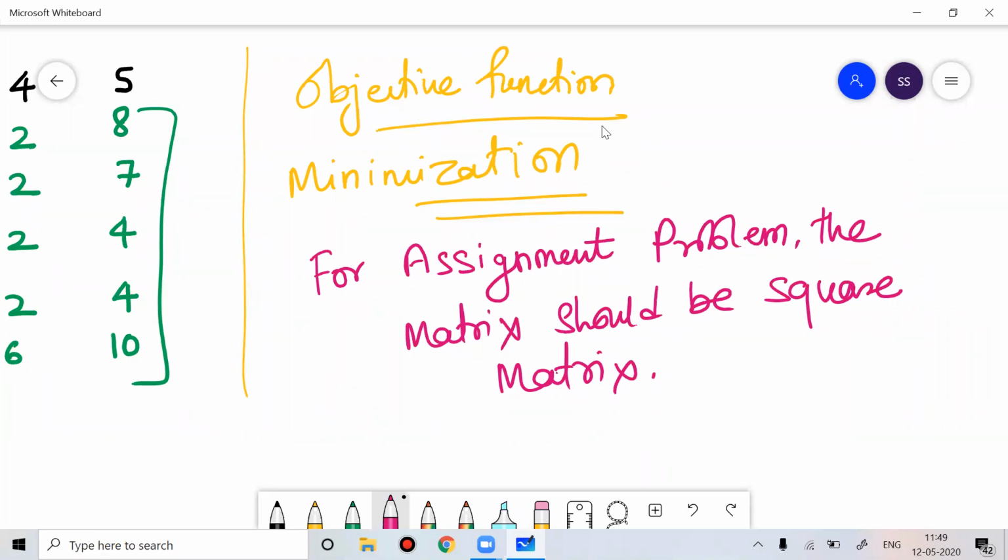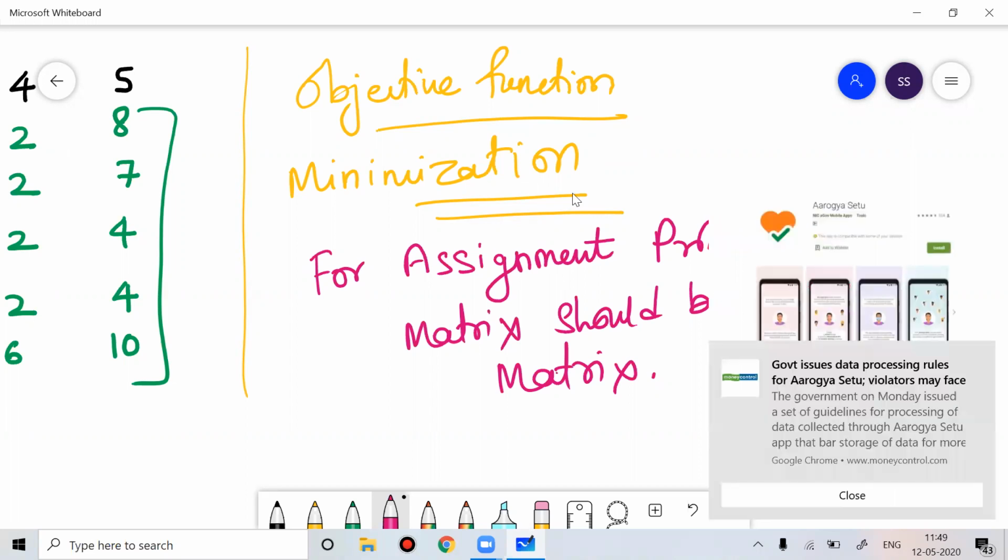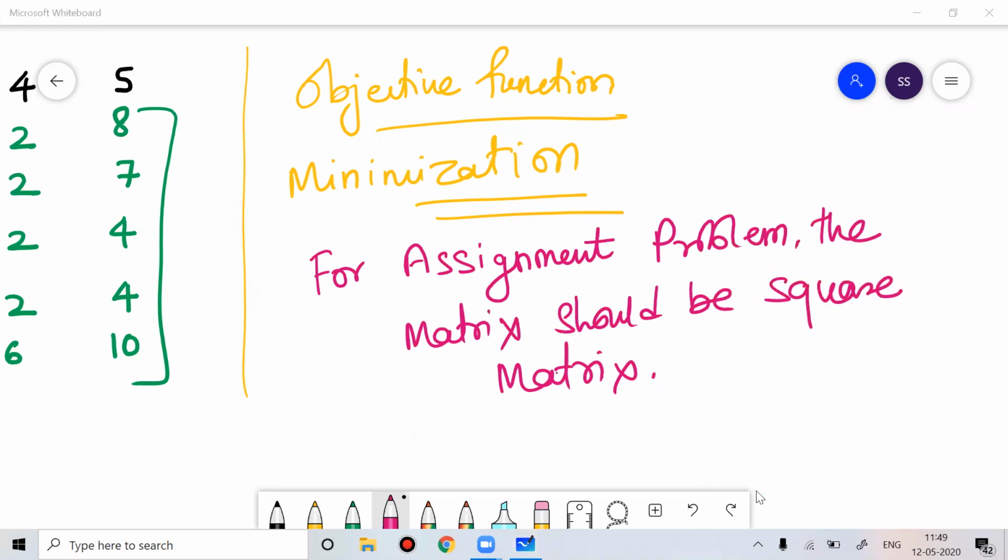Those rectangles are squares for which the length is equal to the breadth. If your matrix is not a square, then you cannot work on the assignment problem. So that is the first and foremost thing to keep in mind, and then the objective function should be minimization.